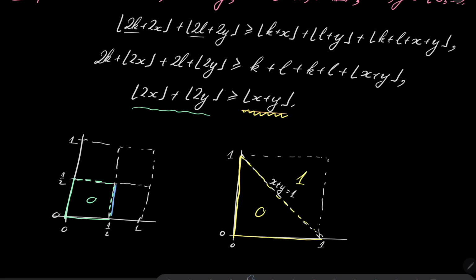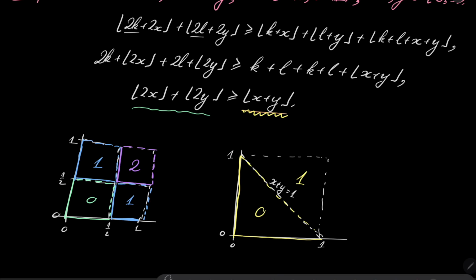On this square right here, x is between 1/2 and 1, so floor of 2x is 1, floor of 2y is 0. So here we have value 1, and likewise on this square right here, the value is also 1. And finally, on this square, where both x and y are greater than 1/2, the value of our sum is 2, because it's 1 plus 1.